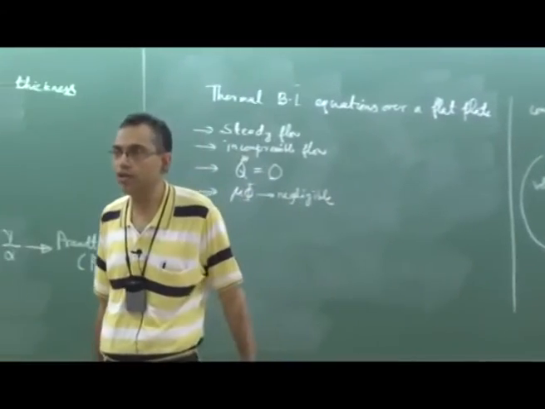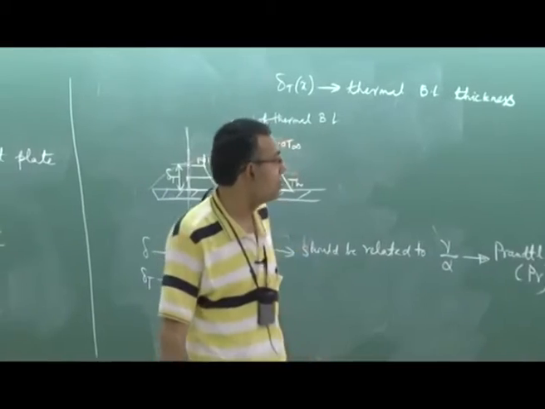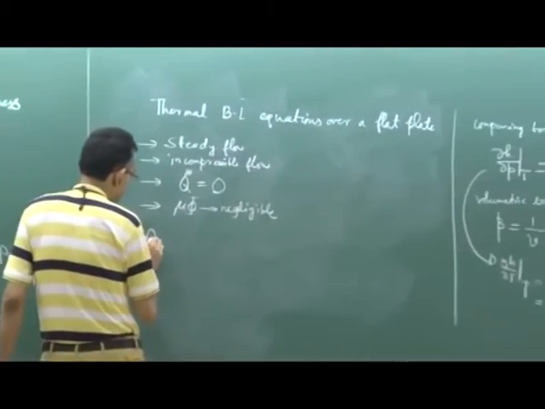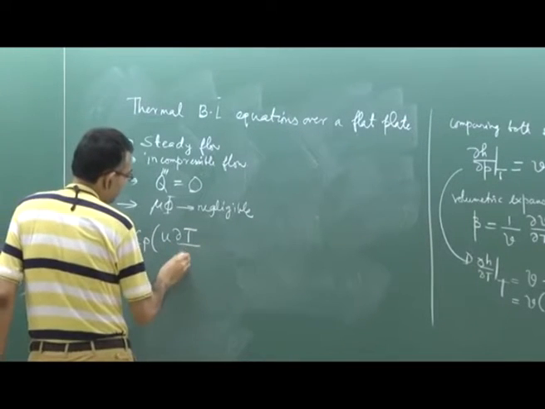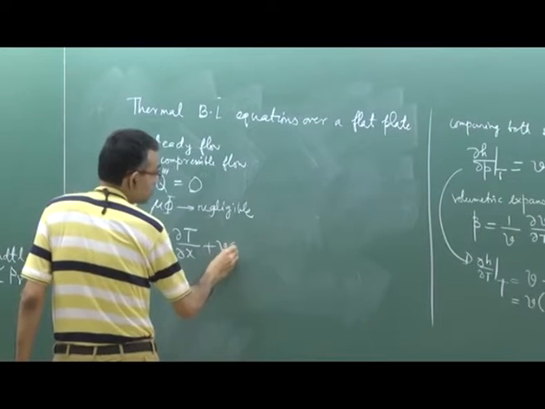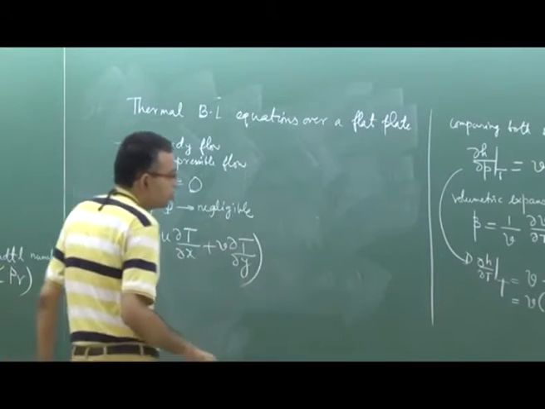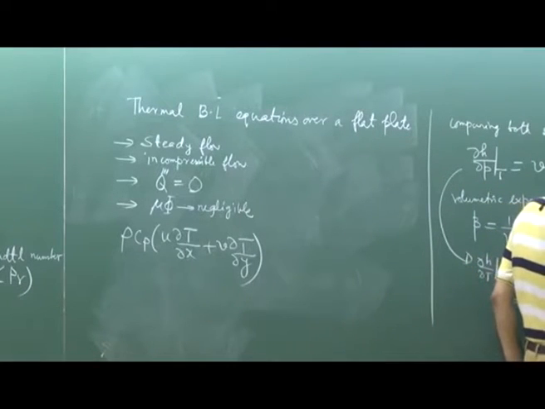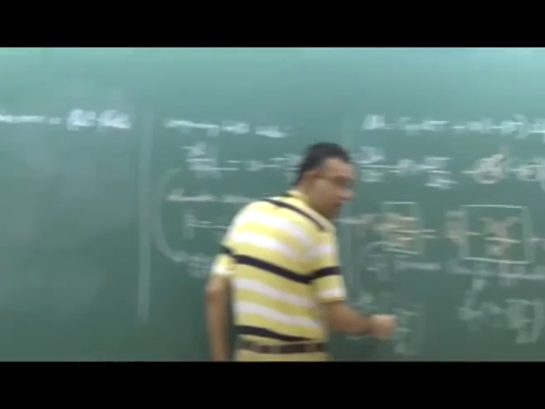So, with this we will write this equation in the boundary layer coordinates. The boundary layer x y coordinates, we have discussed what the boundary layer coordinate is. So, the left hand side, this term is 0 because it is steady flow. This term becomes u del T del x plus v del T del y.